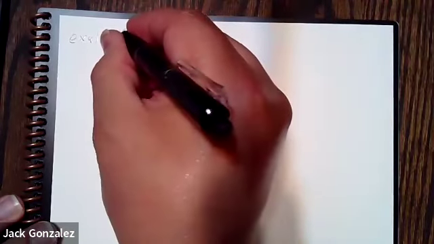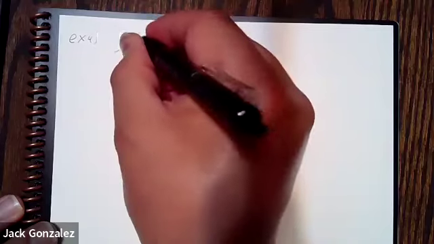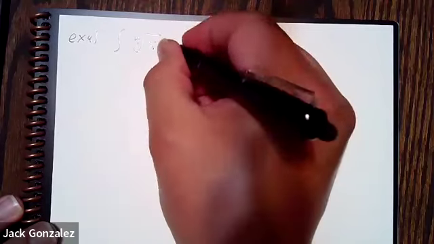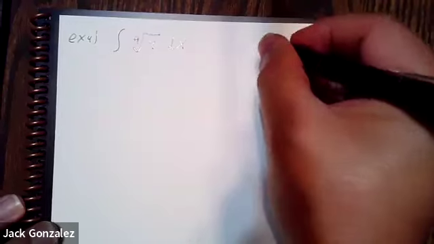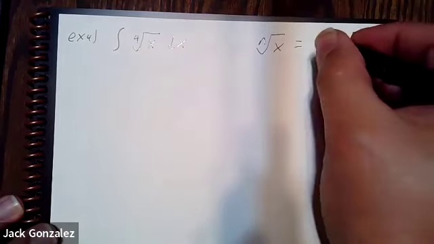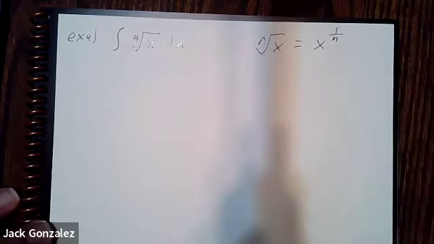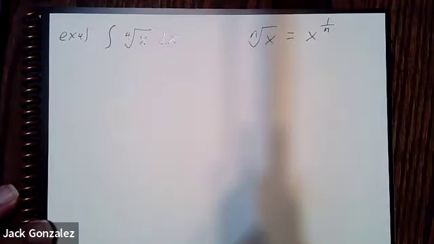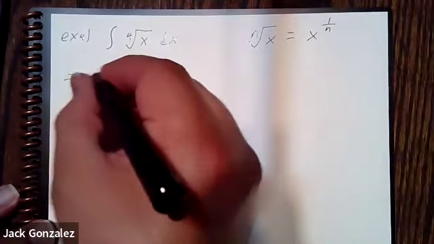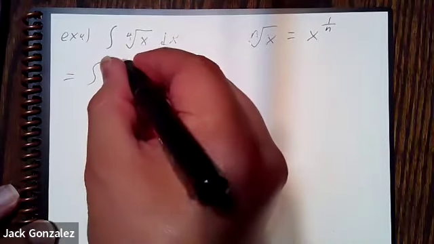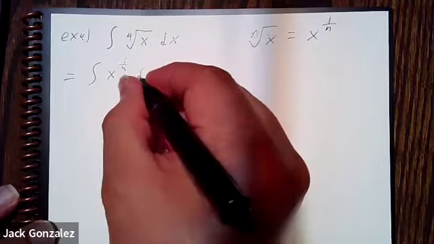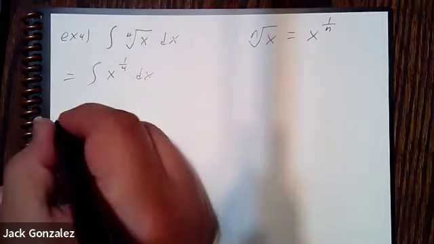Let's do another one. The integral of the 4th root of x dx. So don't forget that nth root means 1 over n power, right? So change this first. Then integrate.